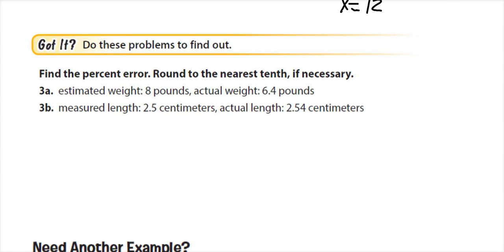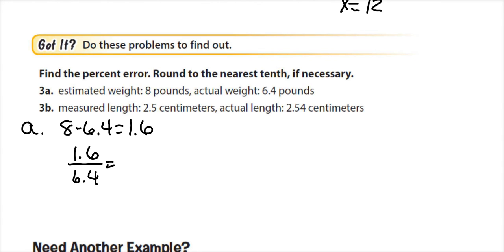It says find the percent error. Round to the nearest tenth if necessary. So let's do A. Go ahead and pause if you haven't already. It says the estimated weight was 8 pounds and the actual weight was 6.4. So we're going to subtract first. That's 8 minus 6.4, which is going to be 1.6. And then from there, that's 1.6 over the actual weight, which was 6.4, which is x over 100.